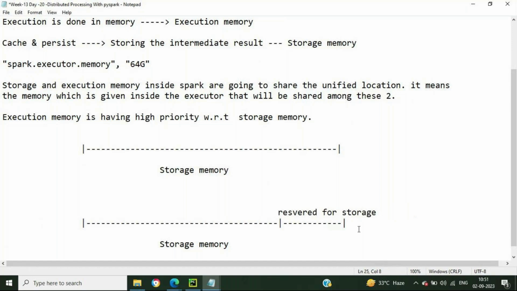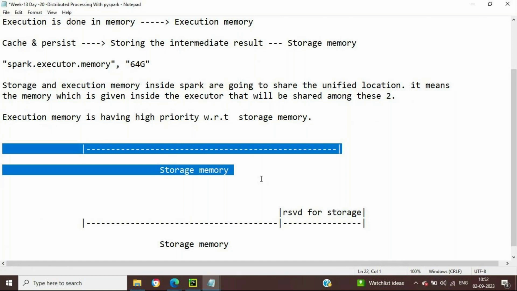So this particular portion, let me mention, is reserved for storage. Okay, so this was the initial stuff.